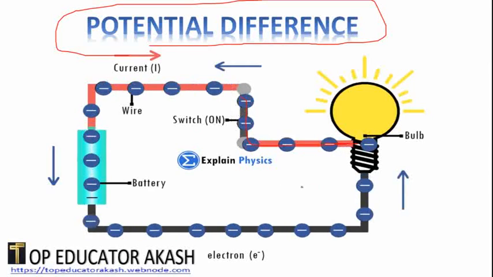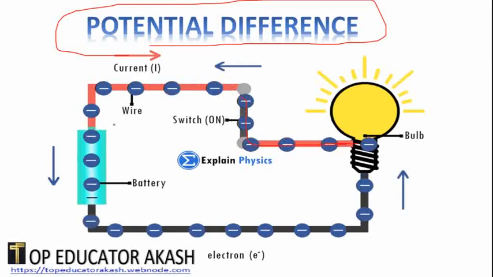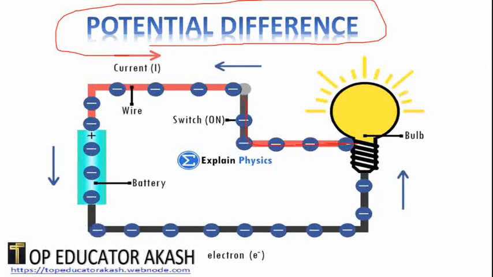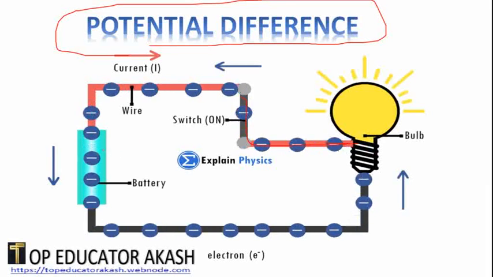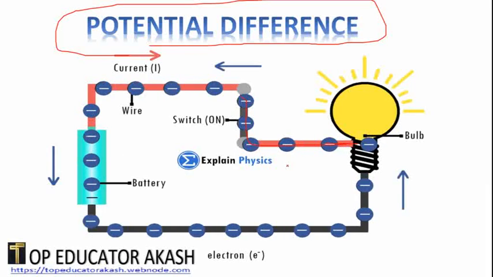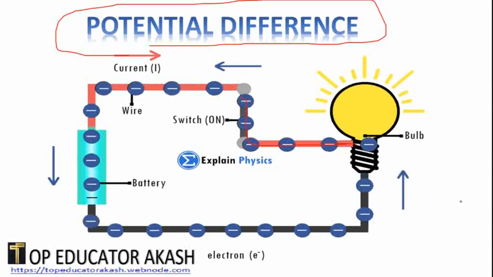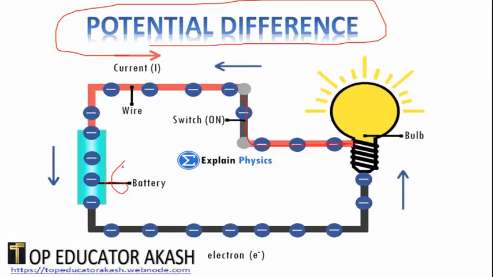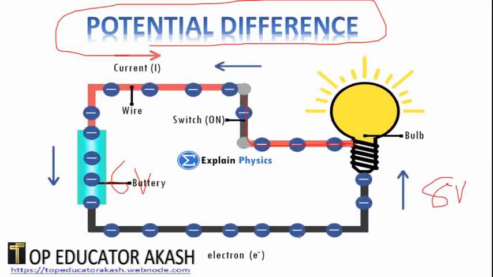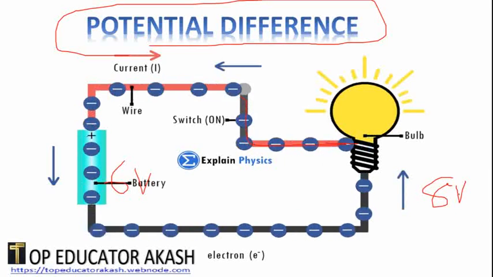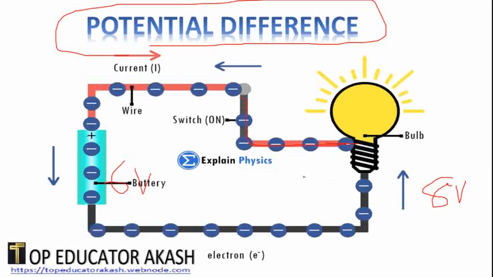Now if I increase the current in the circuit, then the flow of electrons will also increase. So how to increase the current? Suppose instead of a 6 volt battery, I bring an 8 volt battery. Then there will be more work done to move the charge, so there will be more current in the circuit.